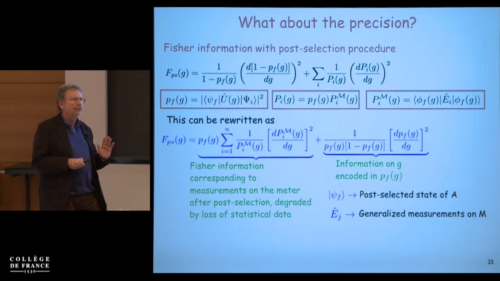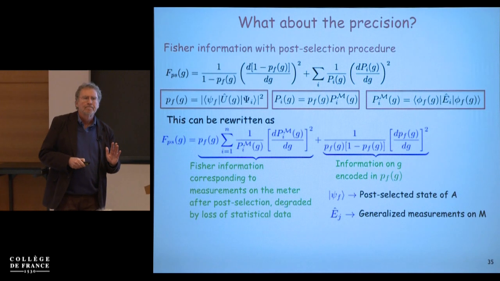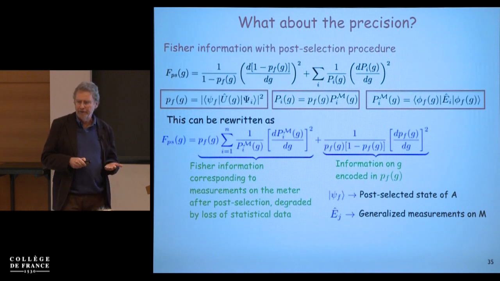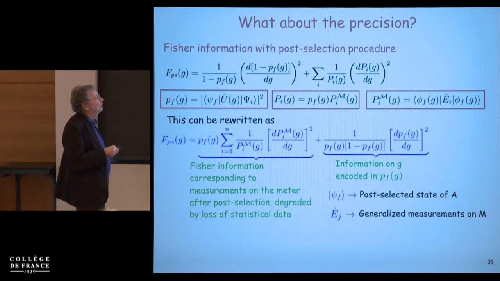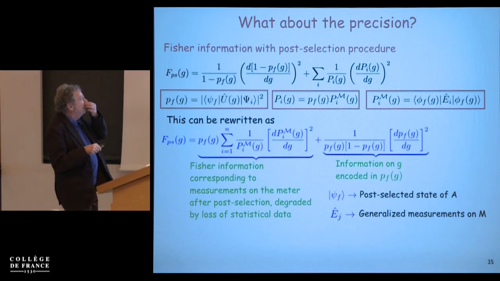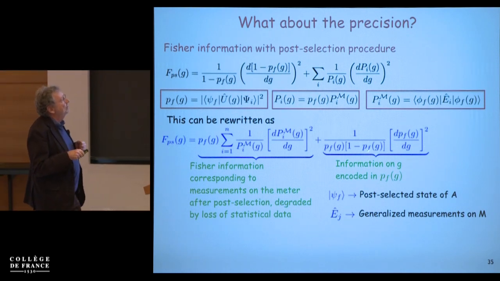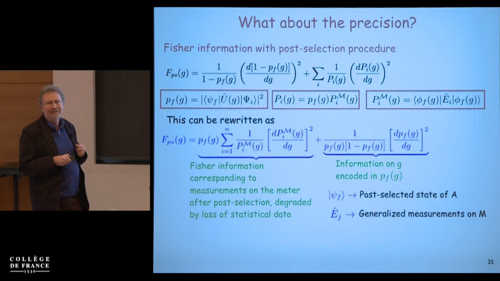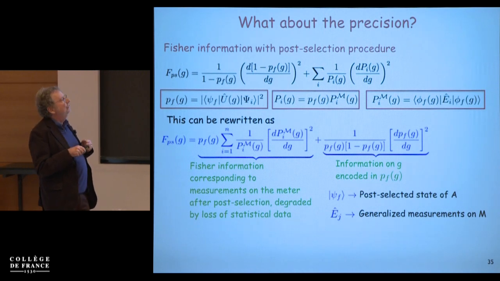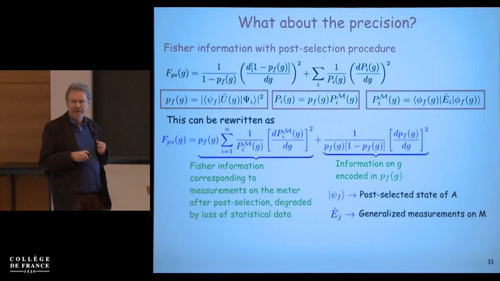So it's nice because you see this formalism does take into account the loss of data associated to the post-selection. Okay? It shows up naturally in the expressions. And this is a very interesting term because it depends only on the post-selection probability. This is actually the information on the coupling constant G encoded in the post-selection probability.